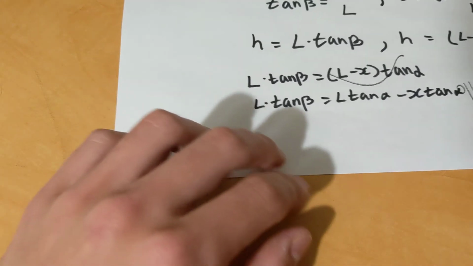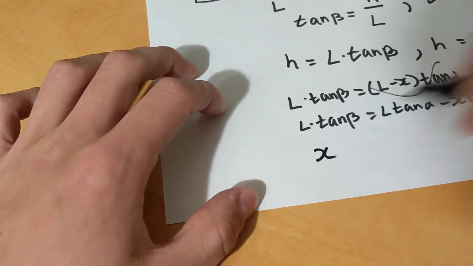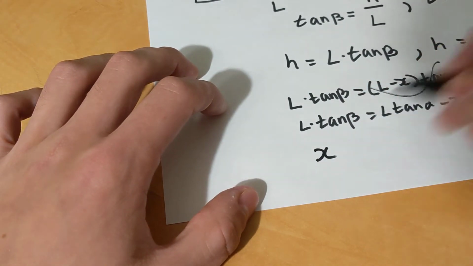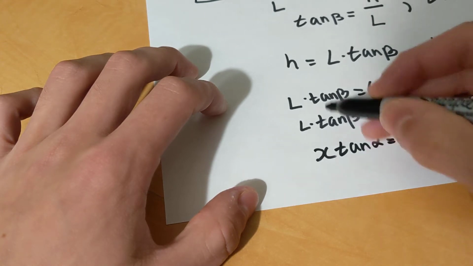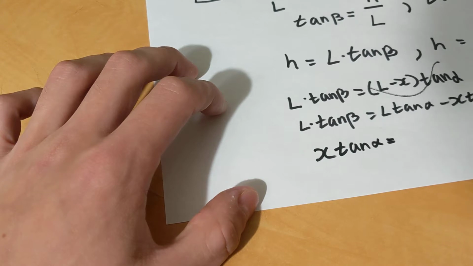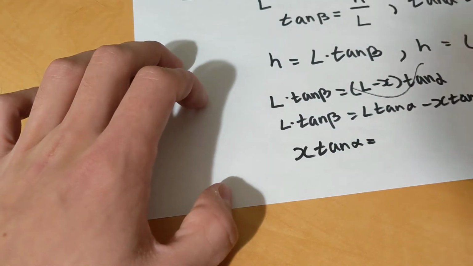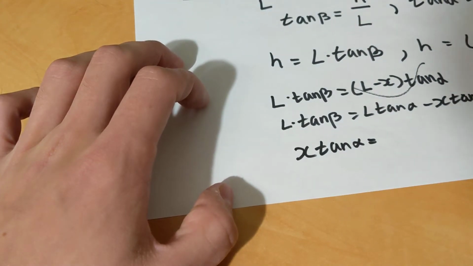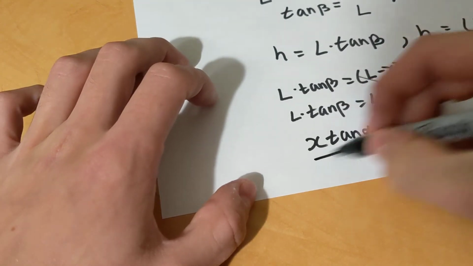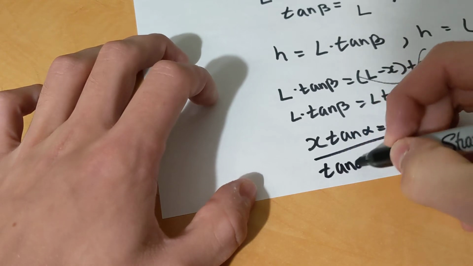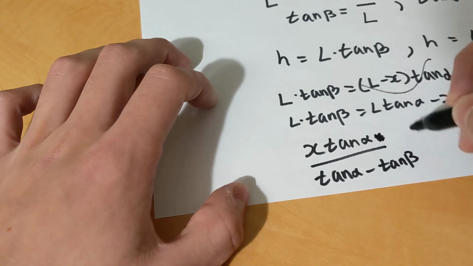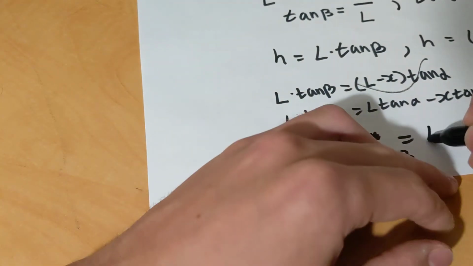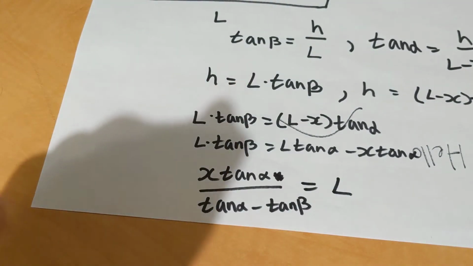So bring this X to the other side, and bring this to the other side, factor out the L, and divide, so then it's just tan alpha minus tan beta on the bottom here. Maybe I didn't explain it right, but that's how you rearrange it.